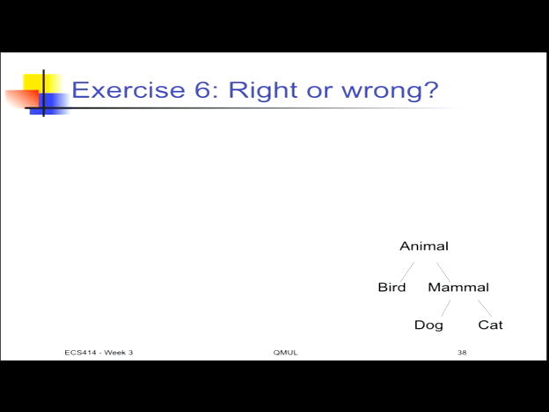So let's see if we get this right. So here are some exercises. So here is the inheritance structure we are going to consider. And now let's say I do animal, my bird equal new bird. Would I get a compile error? Yes or no?